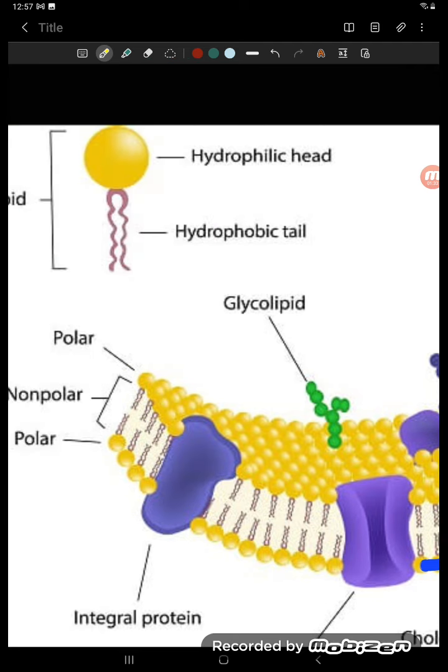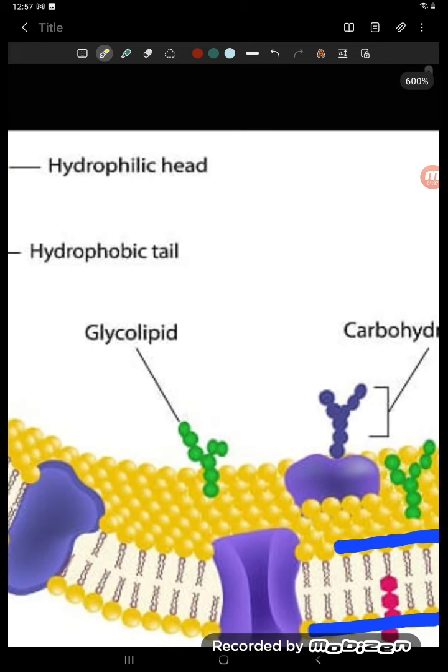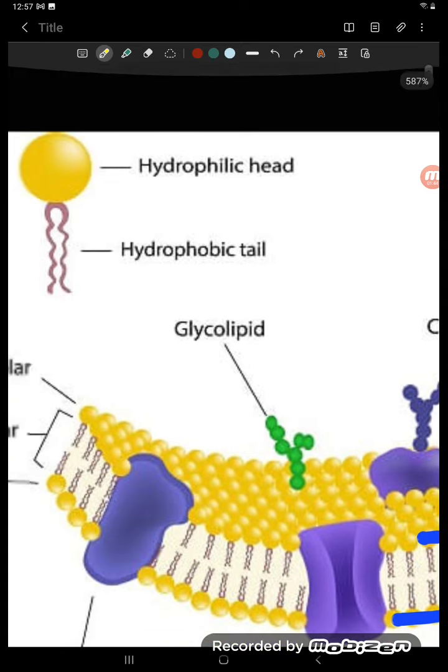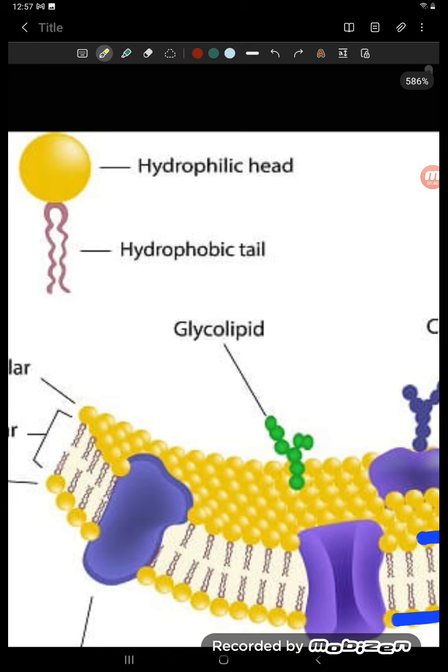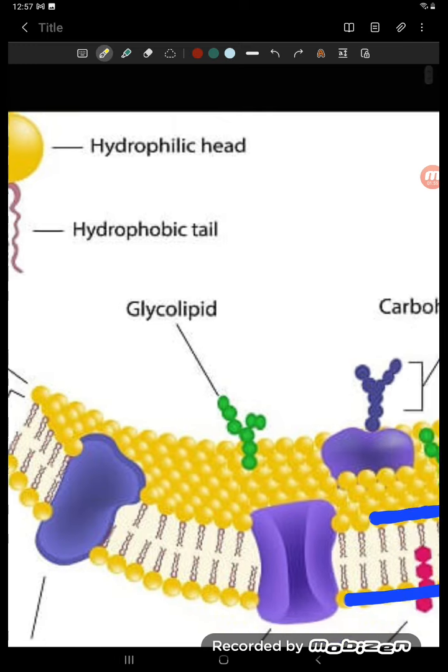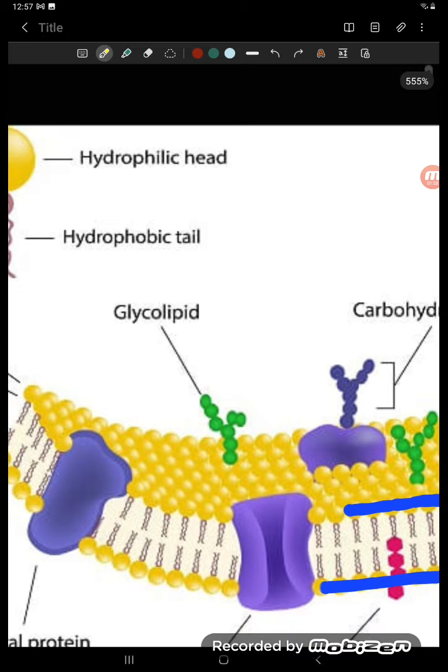The head is hydrophilic, meaning it loves water. You guys can note that. While the hydrophobic, from phobic, hate, the hydrophobic tail hates water. So hydrophilic head loves water, hydrophobic tail hates water. So that's what the cell membrane consists of.